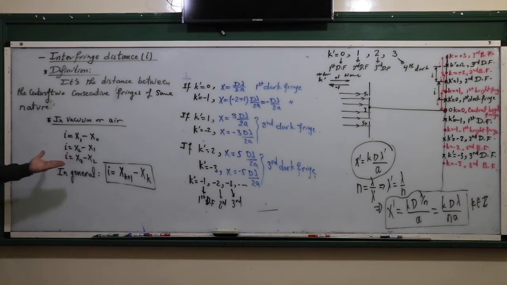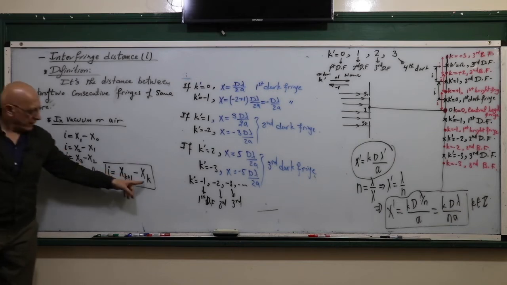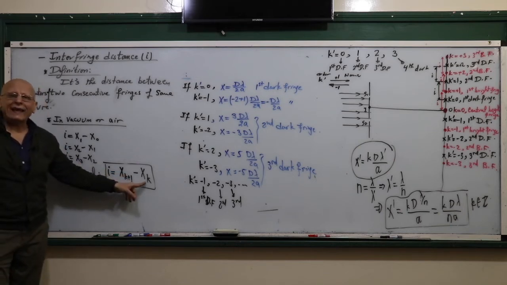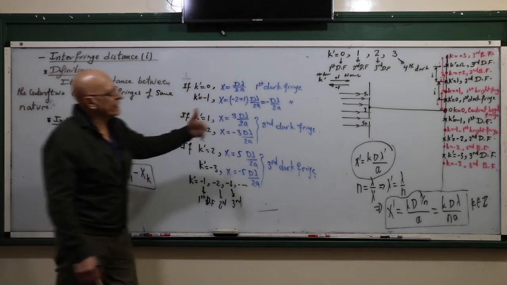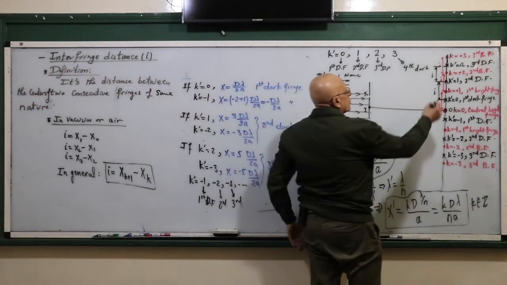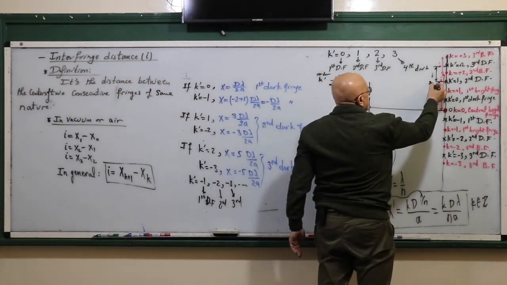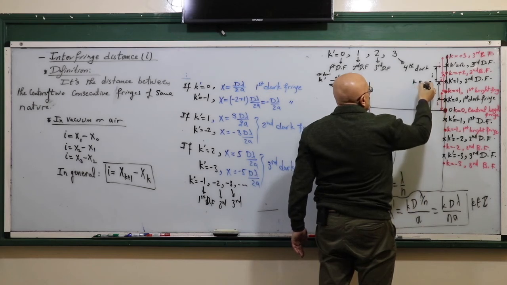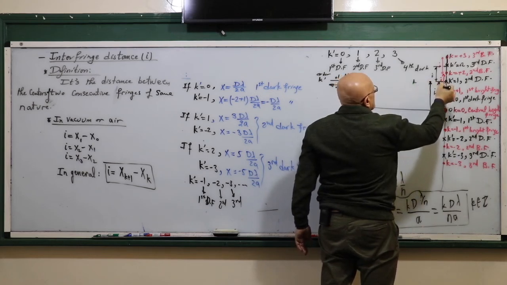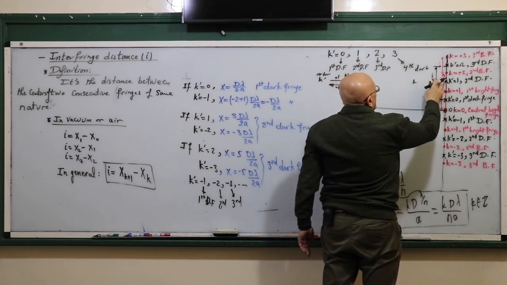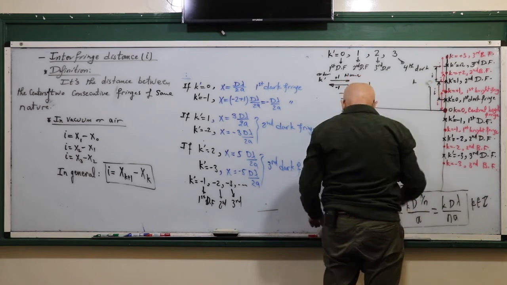So in general, this is a fringe of order k, which is any one. We are talking about bright fringes.